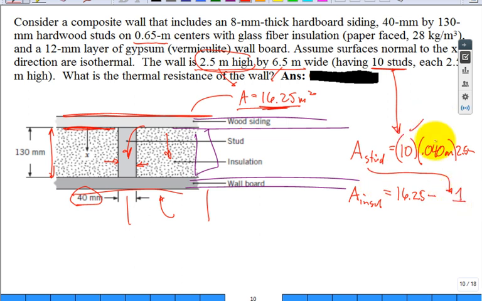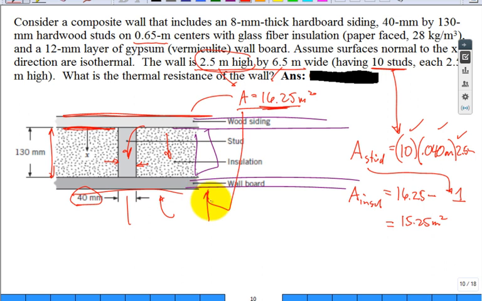Take 10 times 0.04 times 2.5. So it makes the math simple. And so the area perpendicular to the flow of heat through the insulation throughout the wall is a total of 15.25 meters squared. And then what's the area for the flow through the wallboard? Well, the same as what it was through the wood siding.